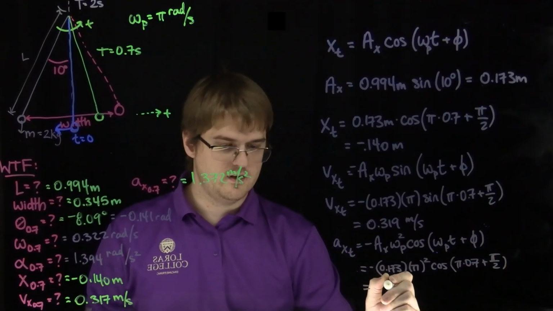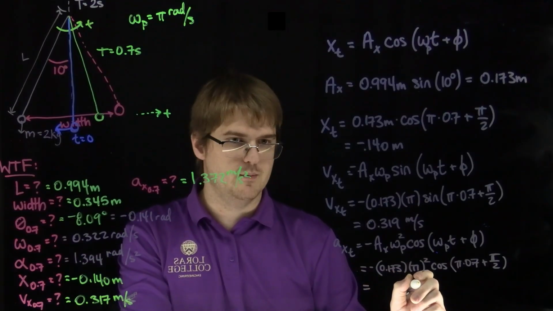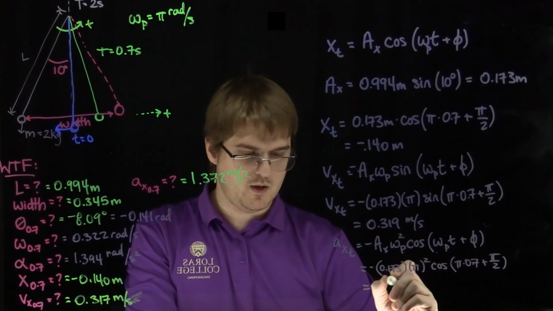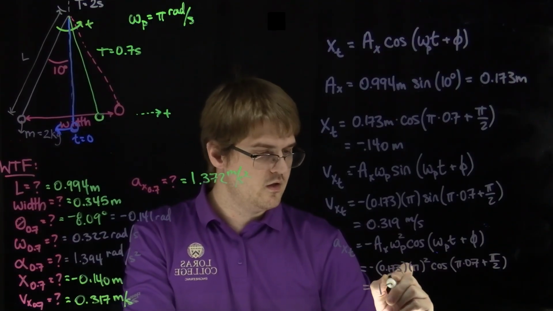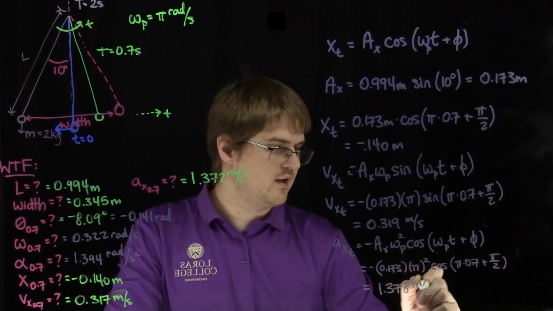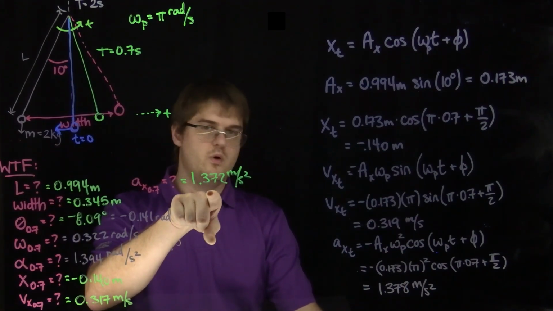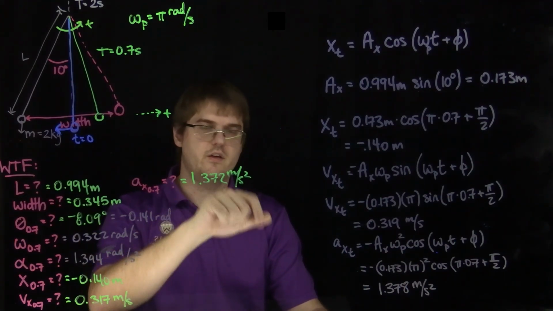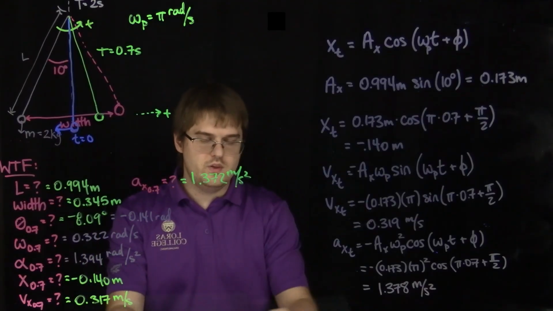And that is going to give me a value of, sorry about that, I've got my notes sitting on the keyboard, 1.378 meters per second squared. 1.372 becomes 1.378.